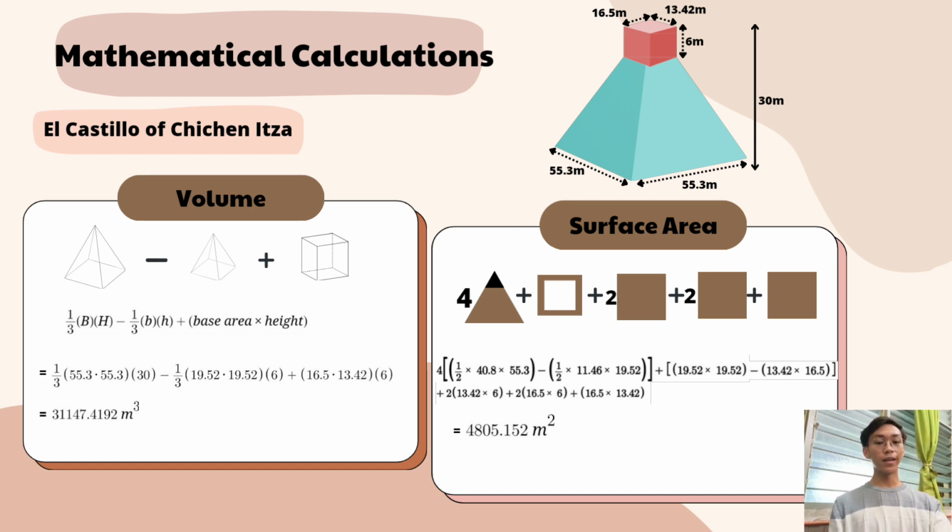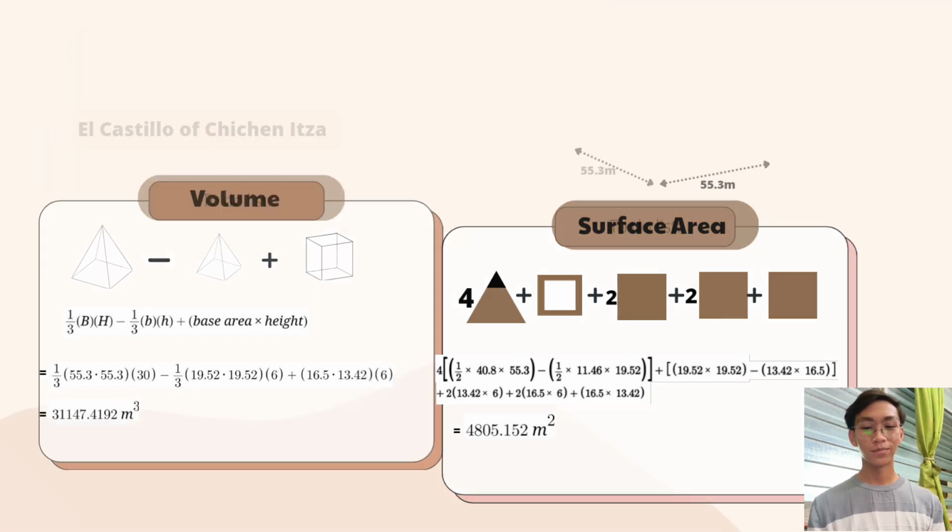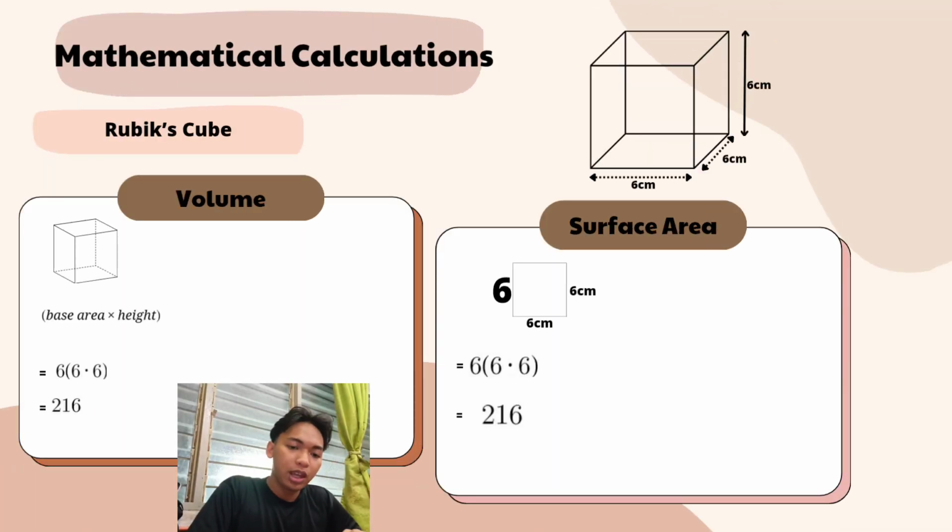After all that, we can sum up all our values to get the total surface area. Our total surface area will be 4,805.152 meters square.